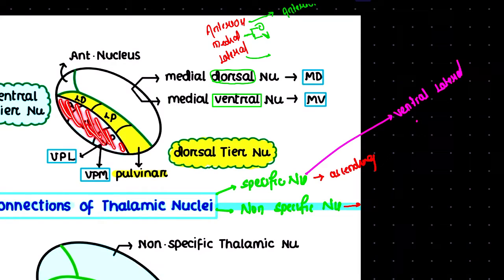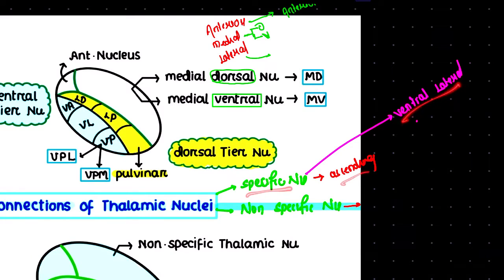These are included in specific nuclei, which means they receive their afferents from ascending tracts. Along with this ventral part, two others also are present right here: the lateral geniculate body and medial geniculate body. These also receive afferents from the ascending tract, so these are considered specific nuclei.